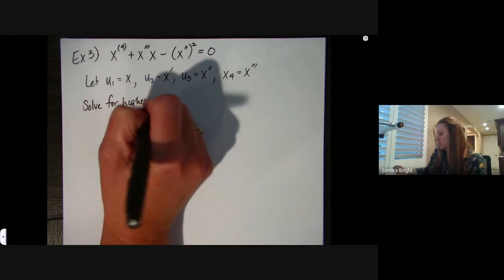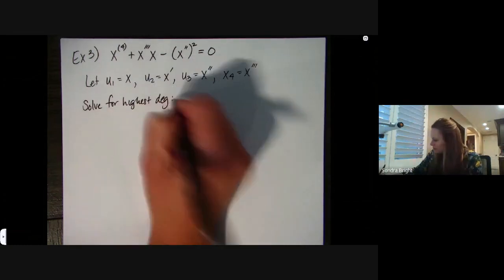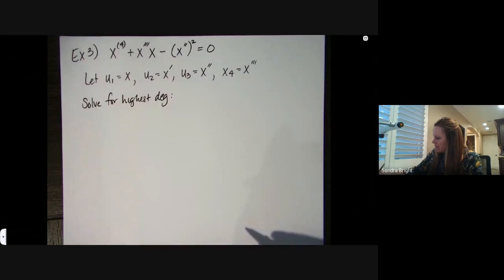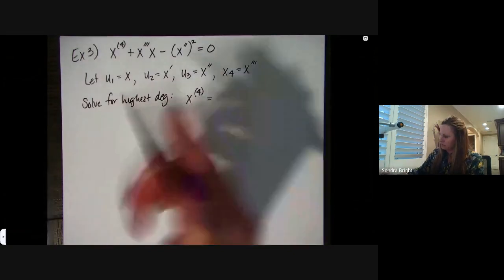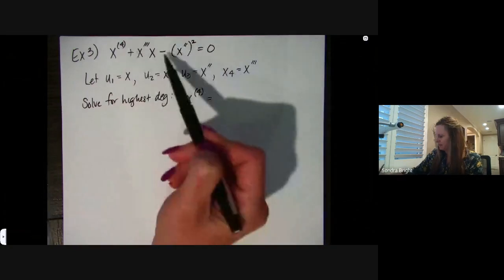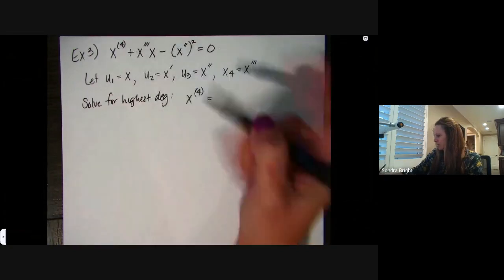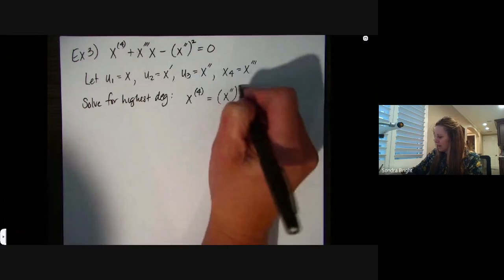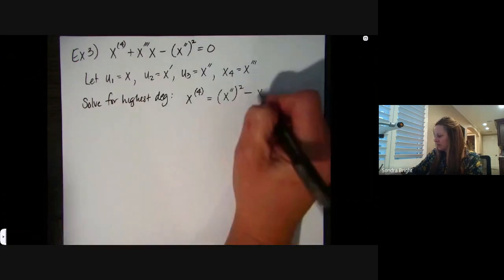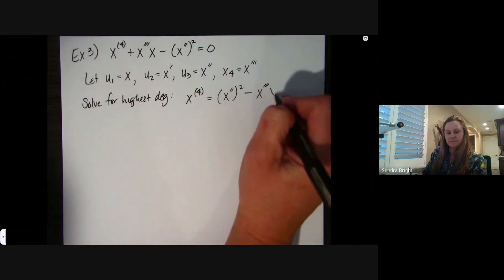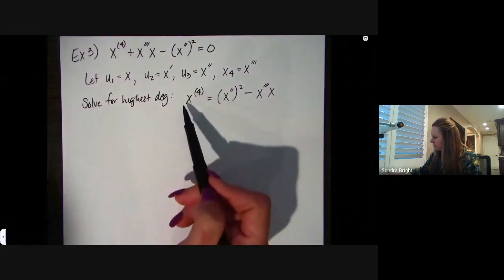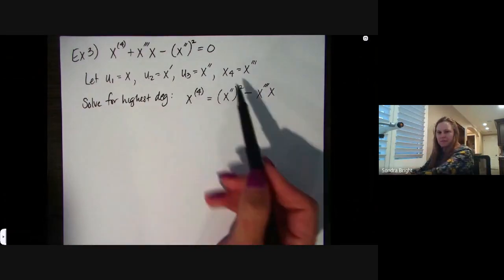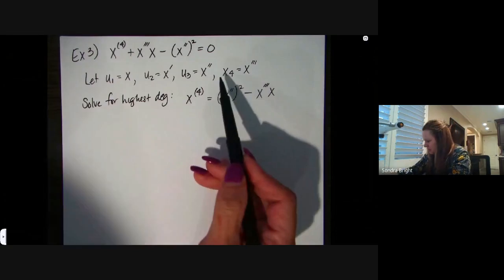Or the highest order. So the fourth derivative on x would equal, and you'll add the second derivative quantity squared, but then subtract the third derivative of x times x. All right. So I need the fourth derivative on, what did I write there? Sorry about that. I labeled that an x, and that's not an x, that's a u. I apologize.